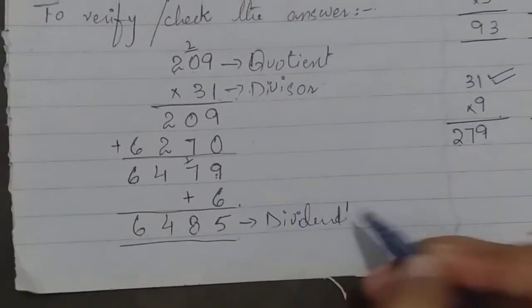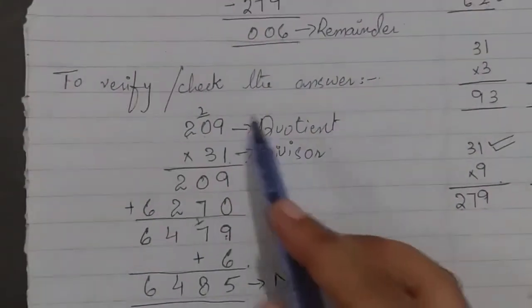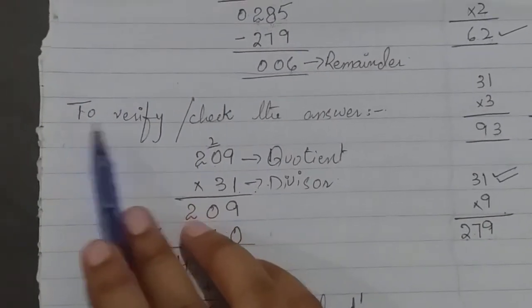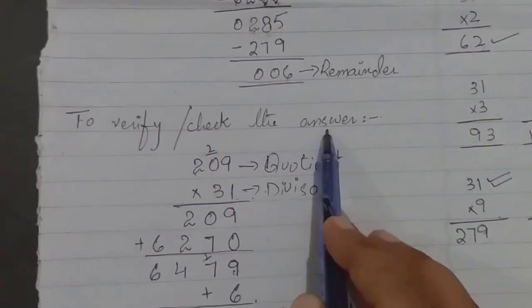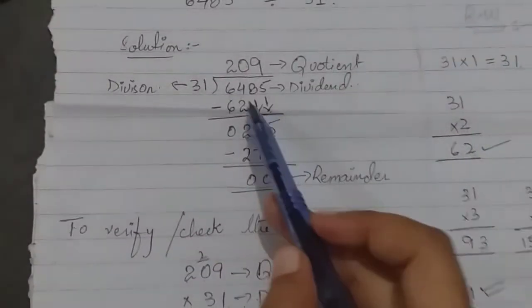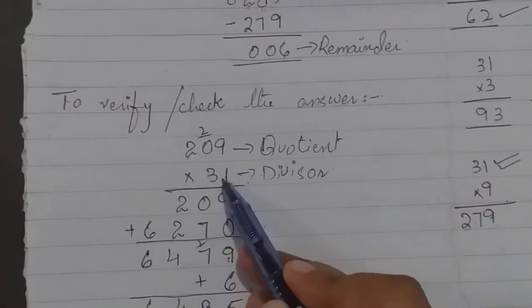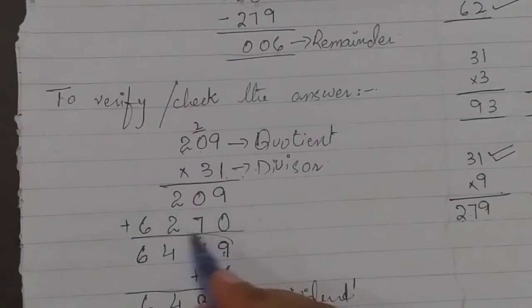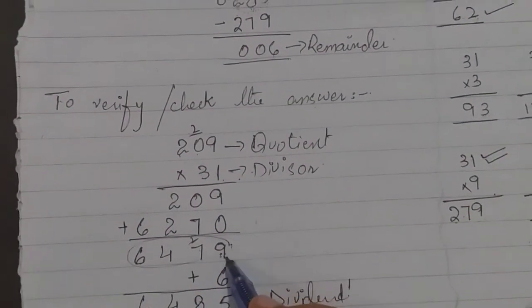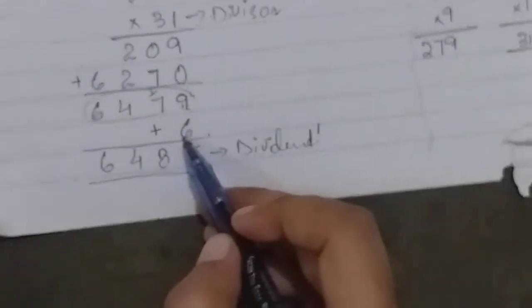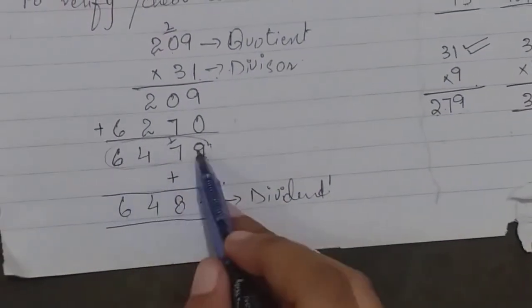So it means after this process, what is the process? I am telling again, if you want to verify or check your answer, you will simply multiply the divisor with the quotient. Quotient multiplied by divisor. After multiplication you will get this answer. In this answer you will add remainder. Here I am adding remainder in this answer.